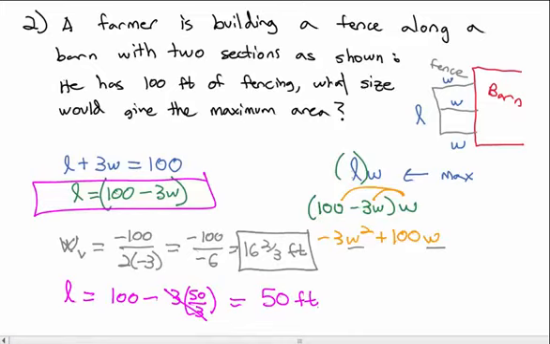And we've got our dimensions. 16 2/3 for the width, 50 for the length, and we've maximized our area alongside of the barn.